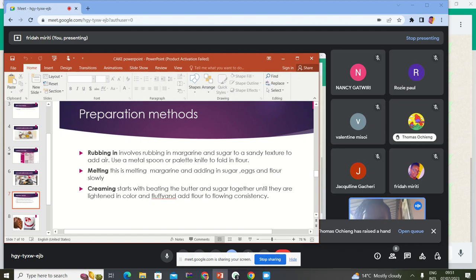This is a method where we first heat margarine and sugar, melt it, then add eggs and flour slowly to get a flowing texture, and then later you can add milk to the desired flow of texture. We have creaming that starts with beating the butter and sugar together until they are lightened in color and fluffy, and then add flour to a flowing consistency.